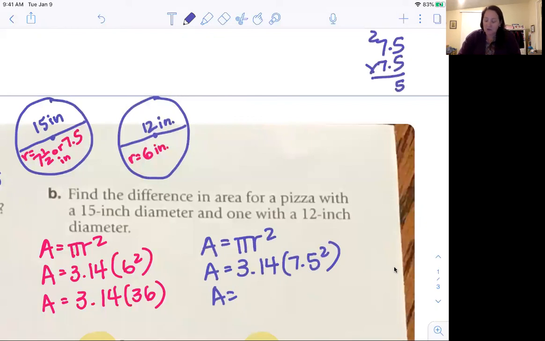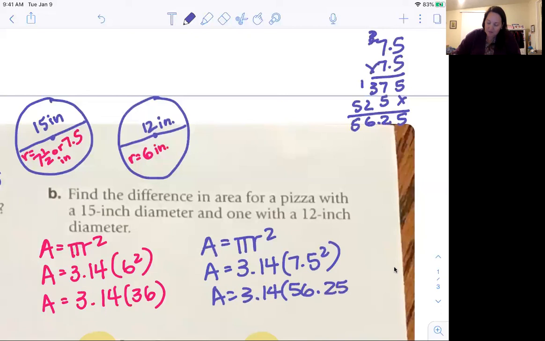Carry the 2. 5 times 7 is 35 plus 2 is 37. 7 times 5 is 35. 7 times 7 is 49 plus 3 is 52. 5, 2, 1, 6, 5. So we get 56.25. So I have 3.14 times 56.25. So now what we need to do is multiply them out.